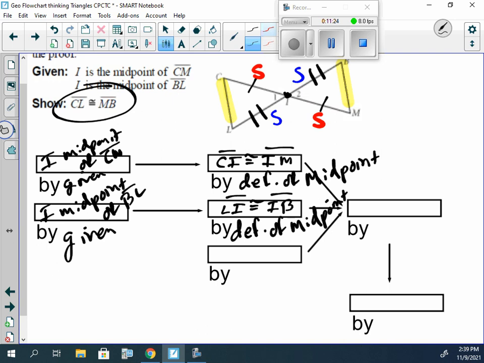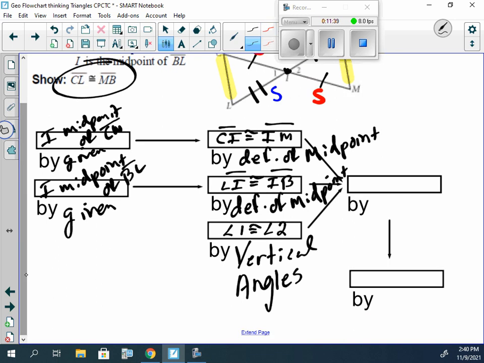Are there any angles that would be congruent? Since we have two lines that cross, 1 and 2 would be vertical angles, so they are congruent. And it is one of those things that will keep showing up again and again.